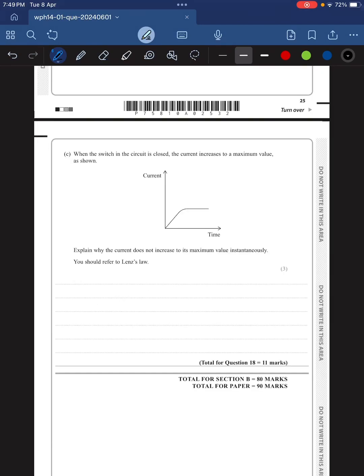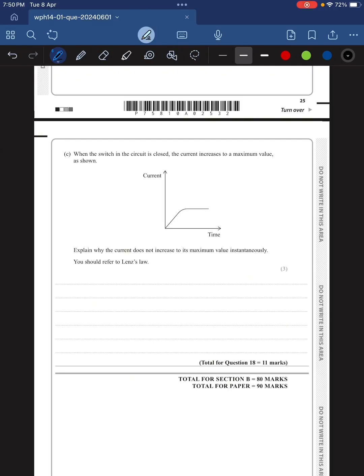Okay, and the last part, C. When the switch in the circuit is closed, the current increases to a maximum value as shown. Explain why the current does not increase to its maximum value instantaneously. You should refer to Lenz's law.